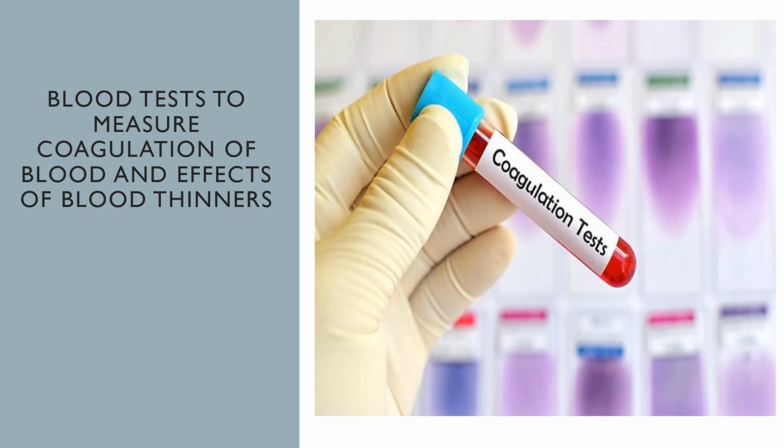And that's important because if we give too much of the drug that's inhibiting the coagulation system, they're at higher and higher risk of having a very severe bleeding event. So for some drugs, we have blood tests that we can check the degree of inhibition of the coagulation system. And we'll talk about some of those.